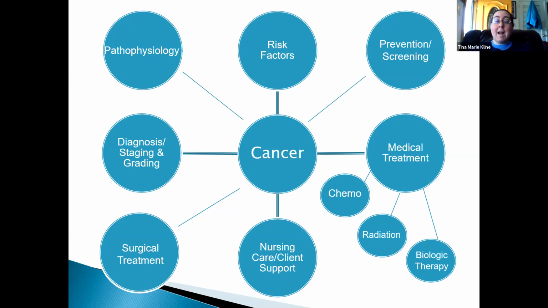All right, so with the biologic therapy, when they can do the targeted therapy, you're talking about targeting the cancer cells specifically with very little impact on the healthy cells. So that is really the way to go in moving forward with future research. But we're just not there yet for all different types of cancers.